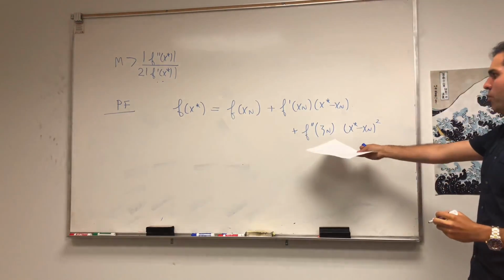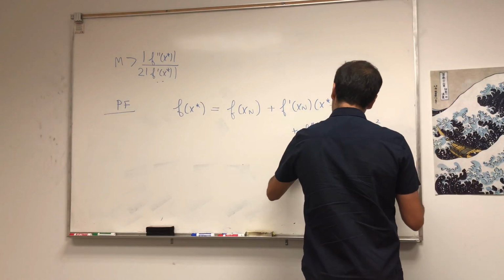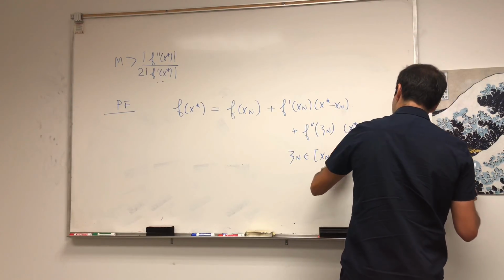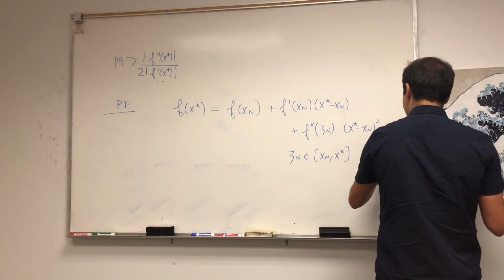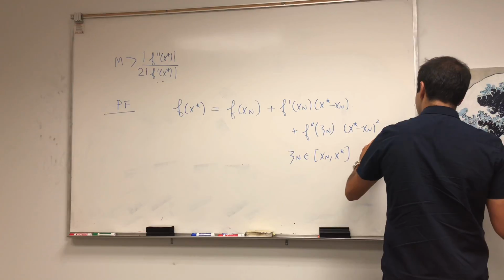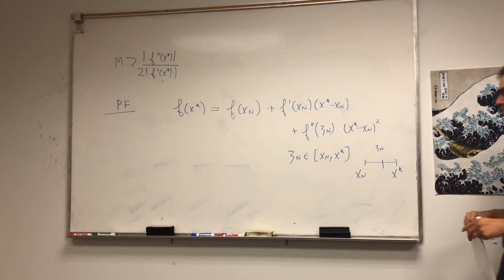So it's f double prime of xi n, where xi n is between xn and x star. So at least in this picture, if you have xn and your true solution x star, xi n is in between, and it follows from the mean value theorem.